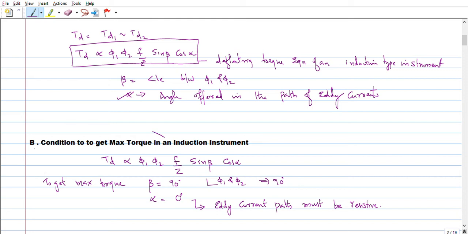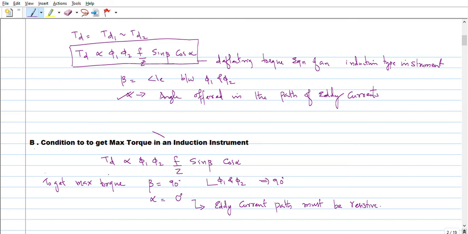Next point, if the eddy current path must be resistive, then who is rotating in that path? The aluminum disc is rotating, right? Therefore aluminum must be a non-magnetic material and a conductor.